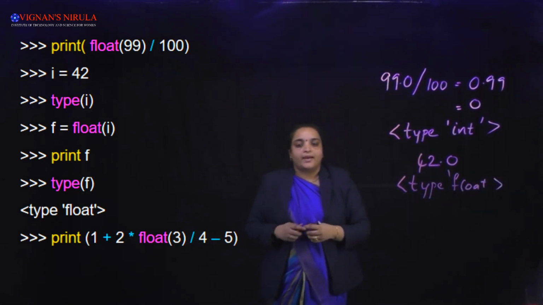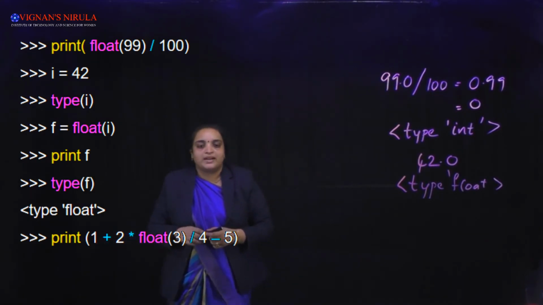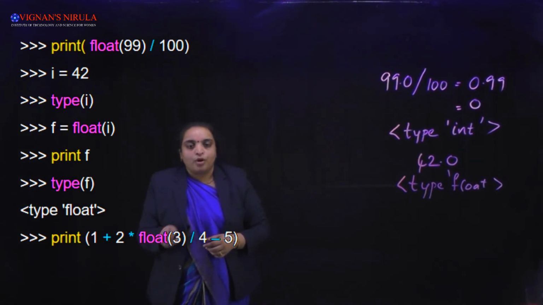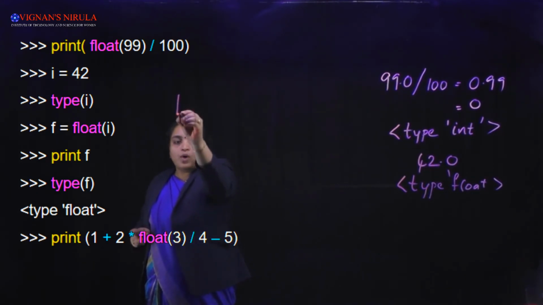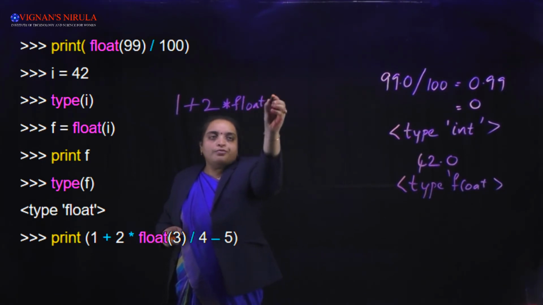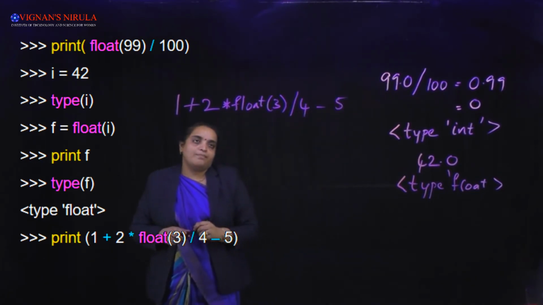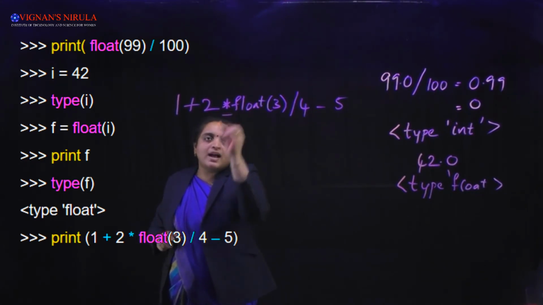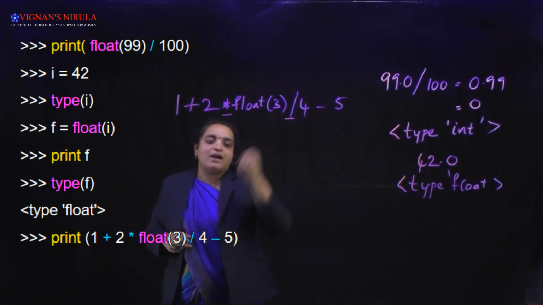Clear, students? Then talking about expressions, here we have an expression that is 1 plus 2 star float of 3 slash 4 minus 5. What is printed? Let us solve this example. First, star and division have the higher precedence. Which will have the higher precedence? Usually the division has the higher precedence.